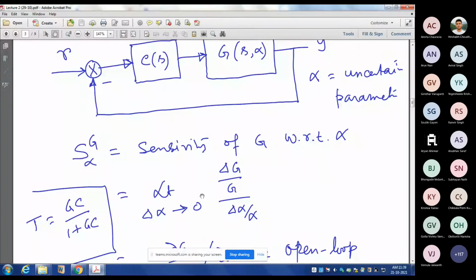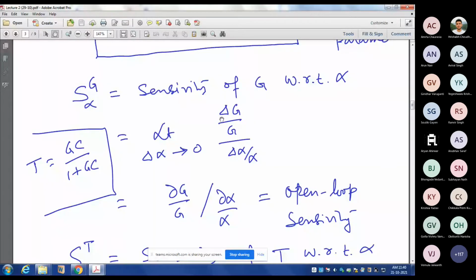So what is the definition? The limit as delta alpha tends to 0 of (del G by G) divided by (del alpha by alpha). That we are defining as S alpha G, the sensitivity of G with respect to alpha.